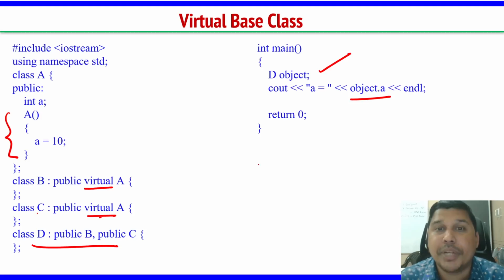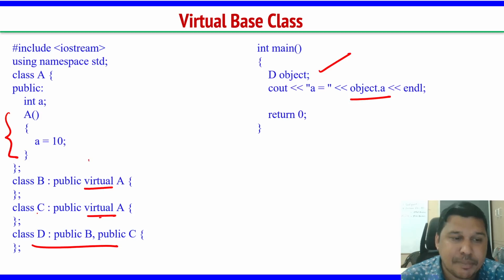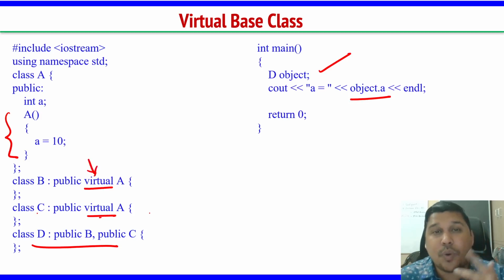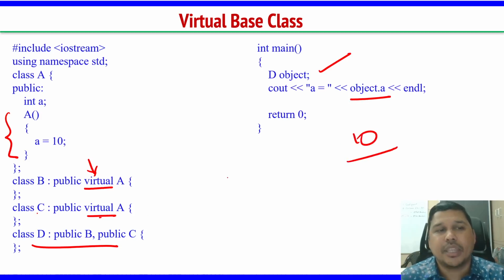The compiler will choose only one. Now it is not confused. This keyword is a message that there is only one parent for both B and C, so don't get confused. It will give the value of A, which is 10 as in class A.